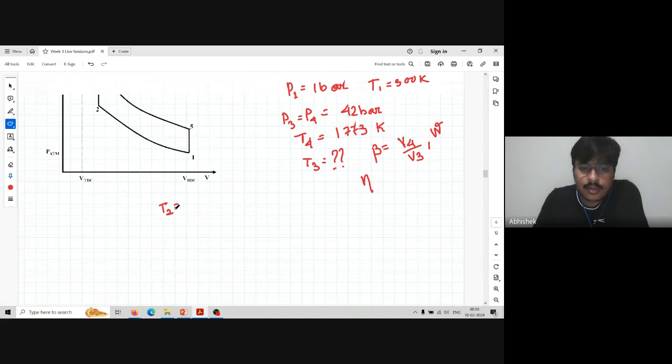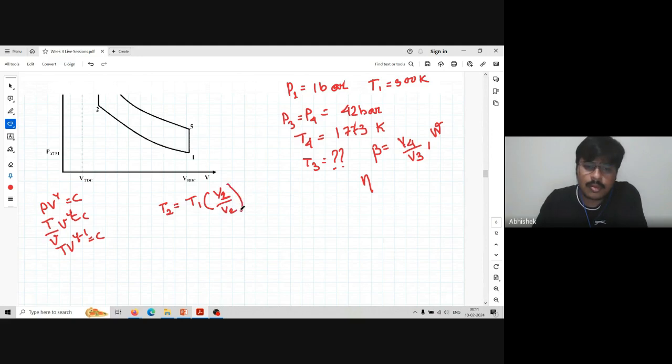What is T2? T2 is equal to T1 into... tell me, it is an adiabatic process, right? PV to the power gamma is equal to constant. In place of P, replace P by V: T V to the power gamma minus 1 is equal to constant. So T2 is equal to T1 times V1 by V2 to the power gamma minus 1. T1 we have as 300.